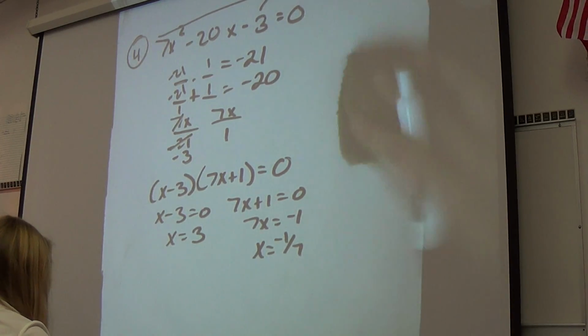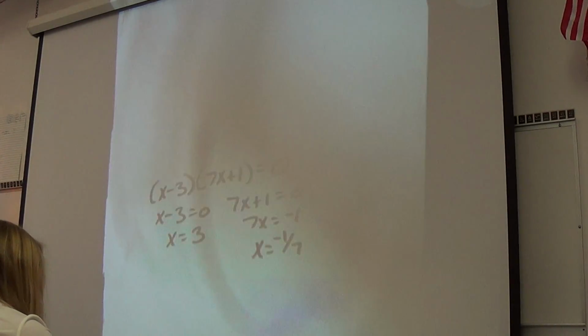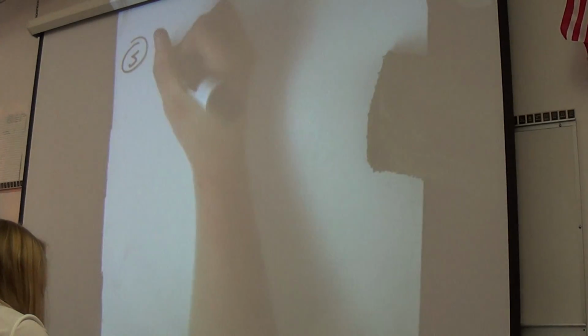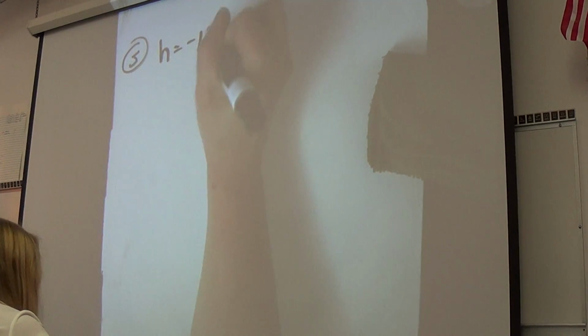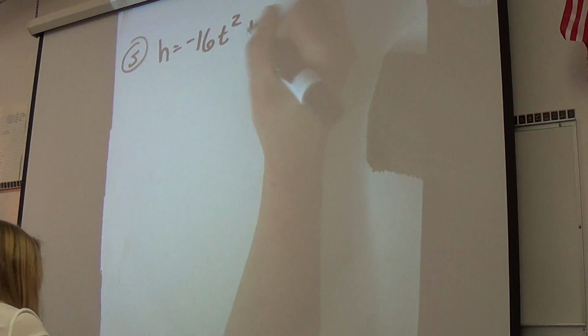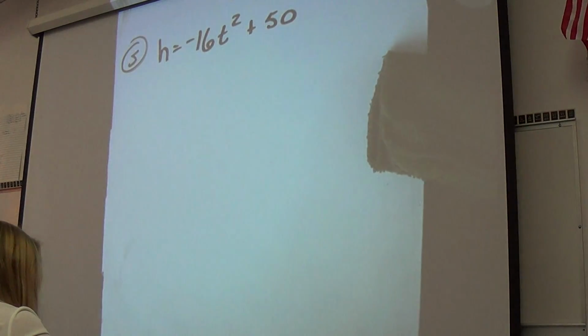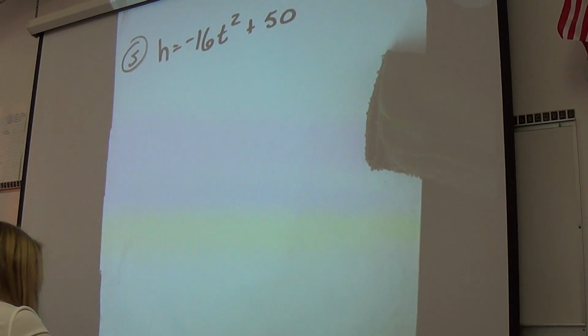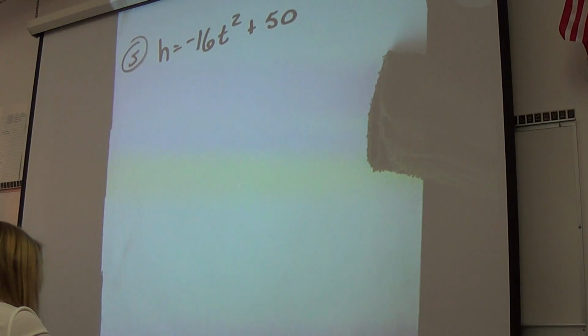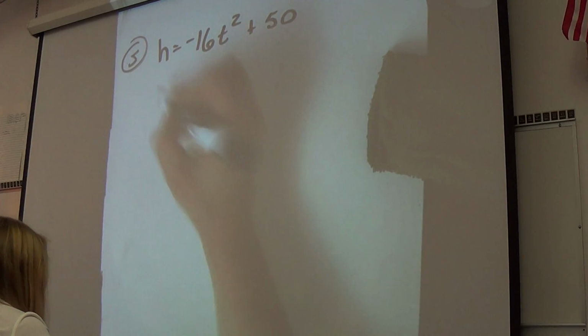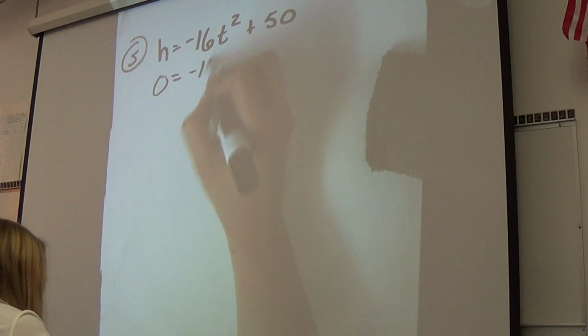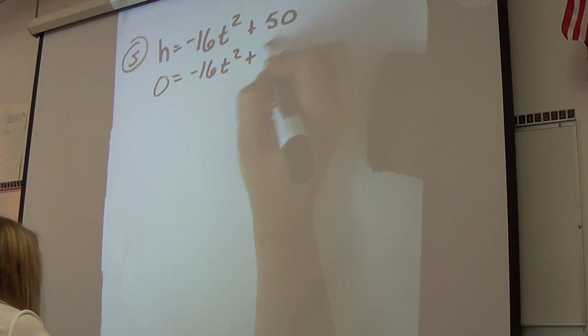Let's go to 5. Number 5 asks you to find the zeros. What does that mean? Set them equal to 0. You should have replaced that h with a 0 to solve.